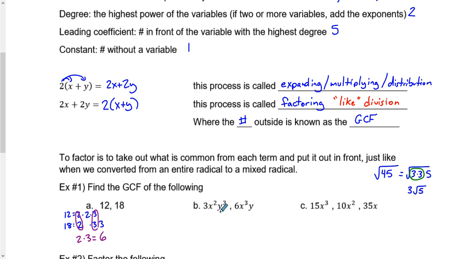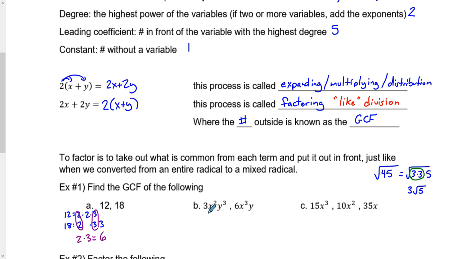What we need to do is be very conscious of what each of these things are saying. In this case, this is 3 times x squared times y cubed. This is 6 times x cubed times y. In other words, this is 3 times x times y times y times y. This one is 6 times x times x times x times y.